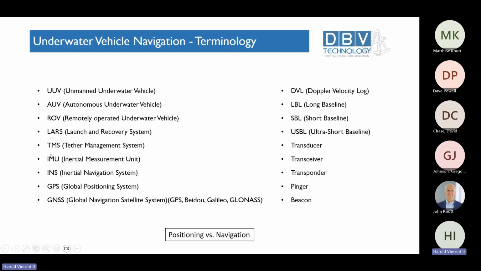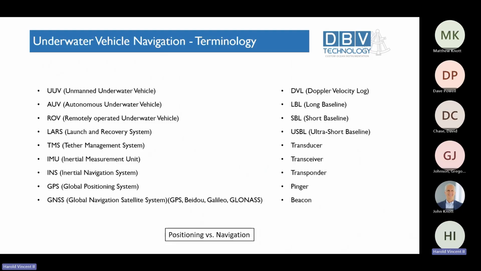On the navigation side, these systems, AUVs and ROVs, often have INS, or inertial navigation system, which has in it an IMU, an inertial measurement unit. AUVs almost always have some type of inertial navigation system installed. ROVs, on the other hand, may or may not have an inertial navigation system installed.